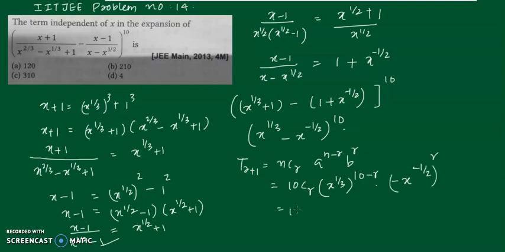So this is equal to 10Cr x raised to (10 minus r) by 3 into minus 1 raised to r into x raised to minus r by 2.